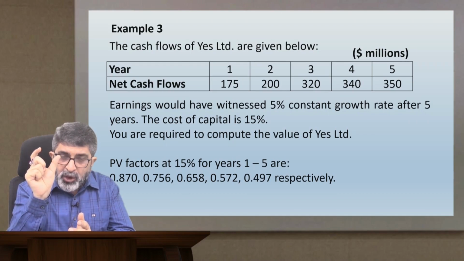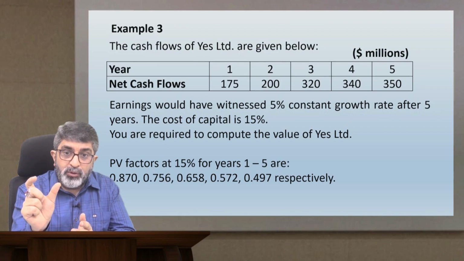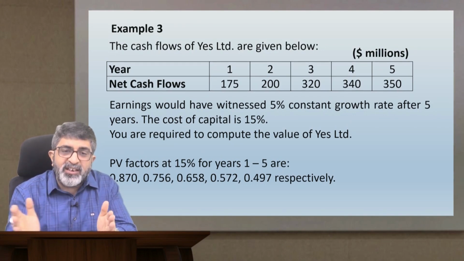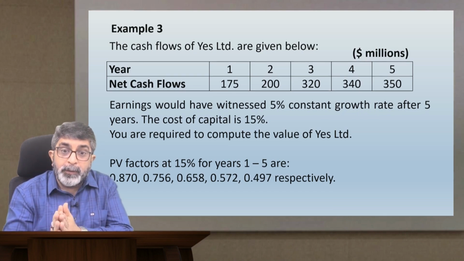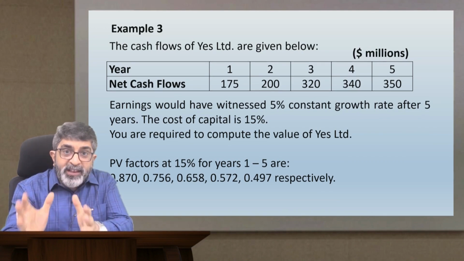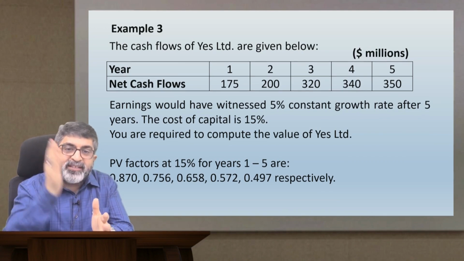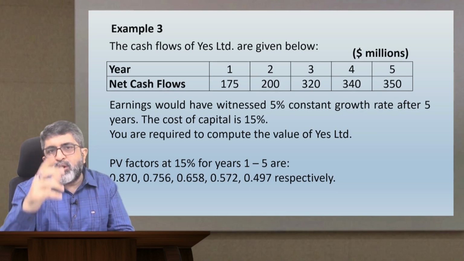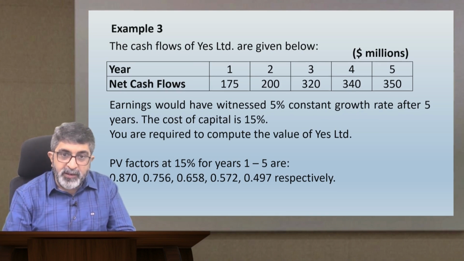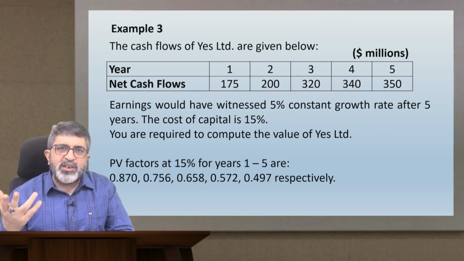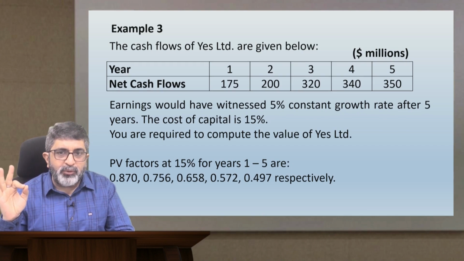Sorry, you will be getting V5 value. Once you get V5 value, that V5 value can be considered as the terminal value at 5th year. Then you have cash flows for year 1 to 5. All these cash flows will then be discounted to their present value using the discounting rate as the overall cost of capital of 15%. And the discount factors are already given to you. You just need to make the present value computation.